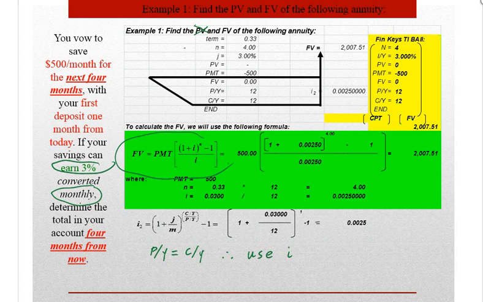So this is the formula right in here. And you plug in those values in here. Calculate your I. I is equal to J over N. So it's 0.03 divided by 12.